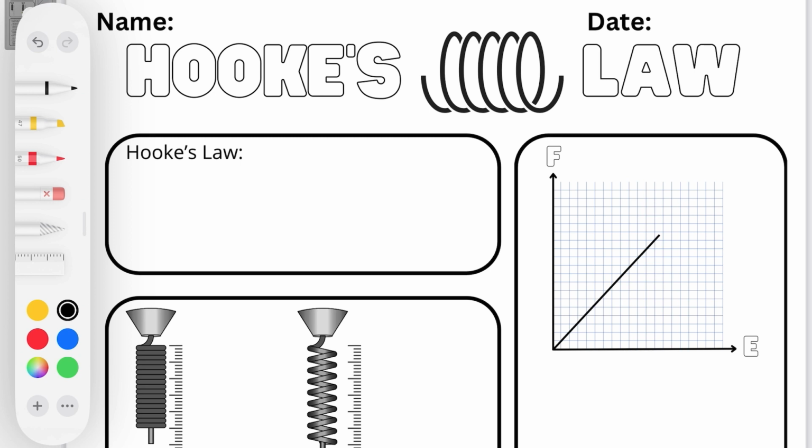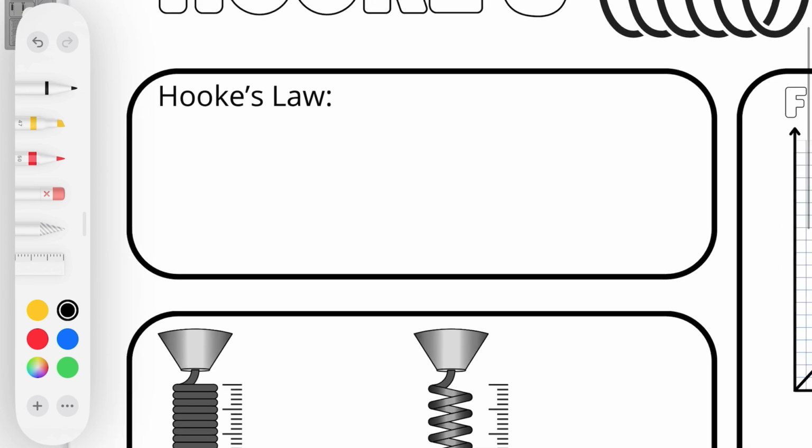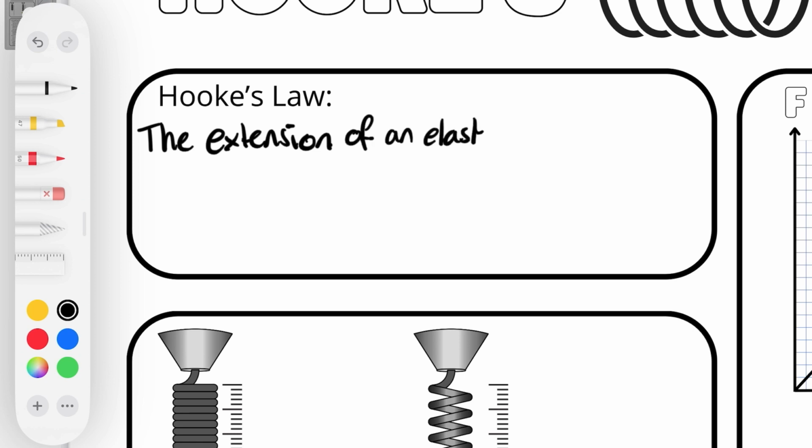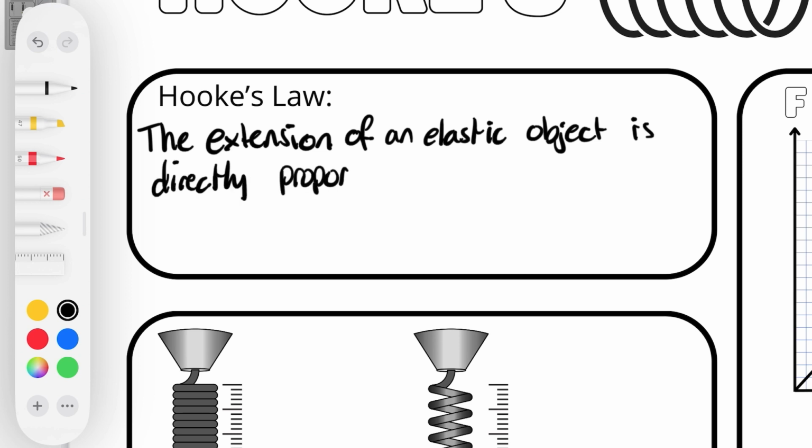So starting with Hooke's law itself. What we mean when we say Hooke's law, and this is our definition we need to remember, is: the extension, so the stretch, of an elastic object is directly proportional to the force applied.